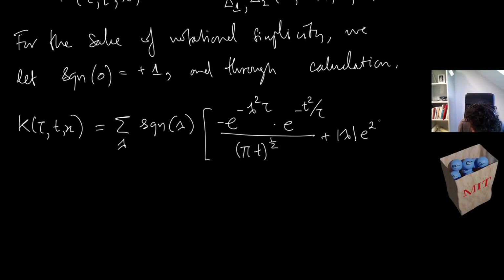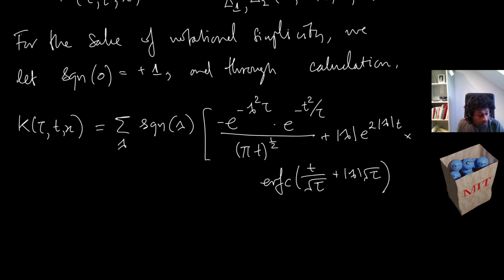I really hope I haven't made any errors copying this down. If so, I will fix it in the lecture notes. Sorry, of c tau on square root tau plus modulus lambda square root tau. And it's weighted by phi lambda x squared.